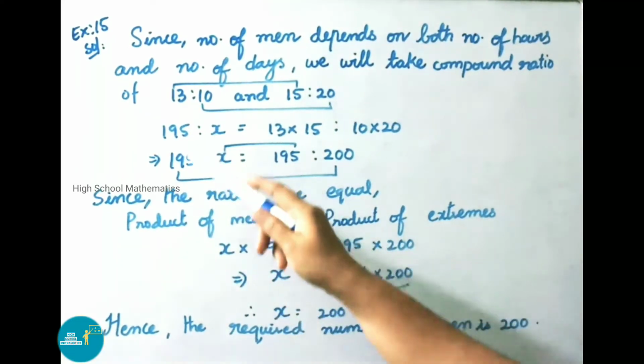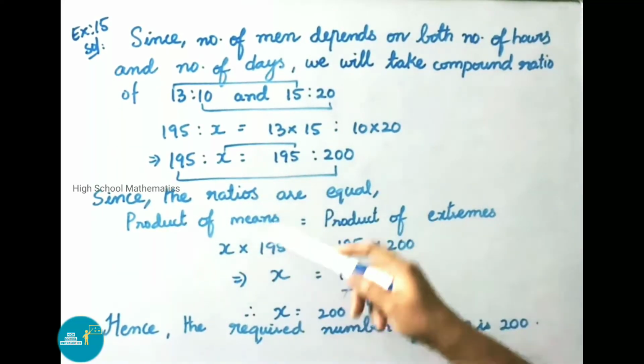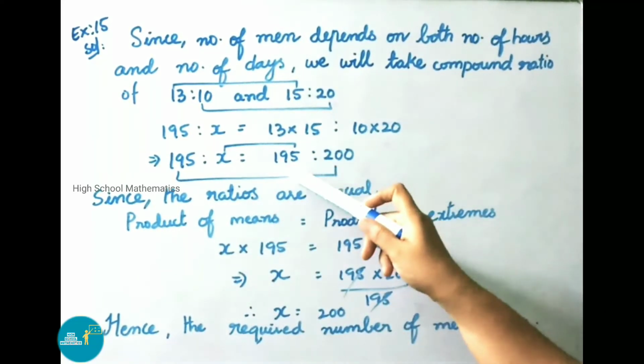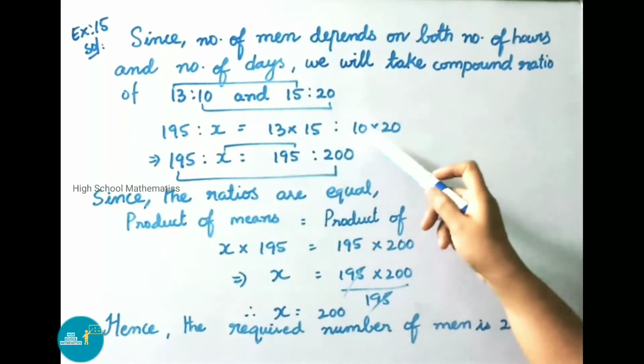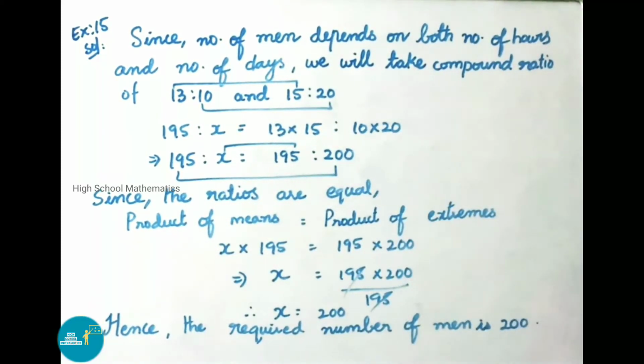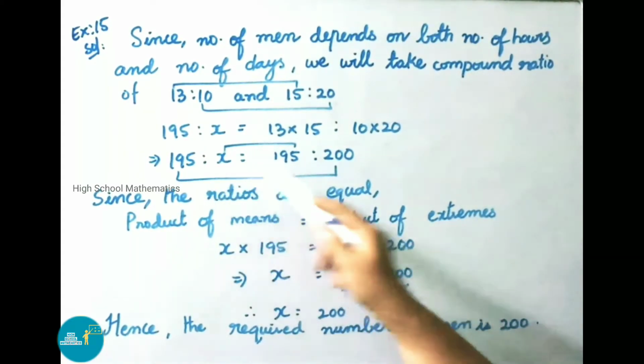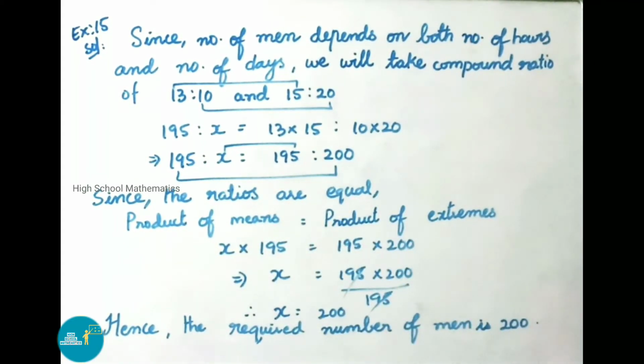That implies 195 is to X equals 195 is to 200. Since the ratios are equal, product of means is equal to product of extremes.